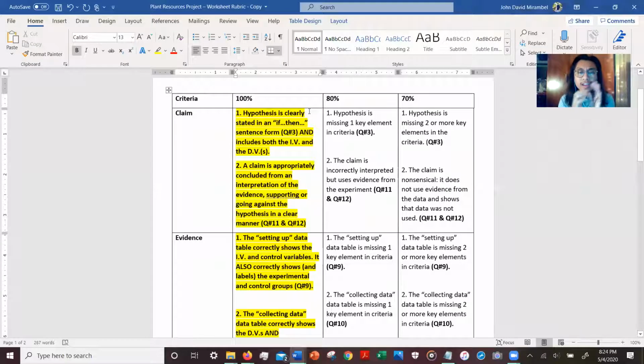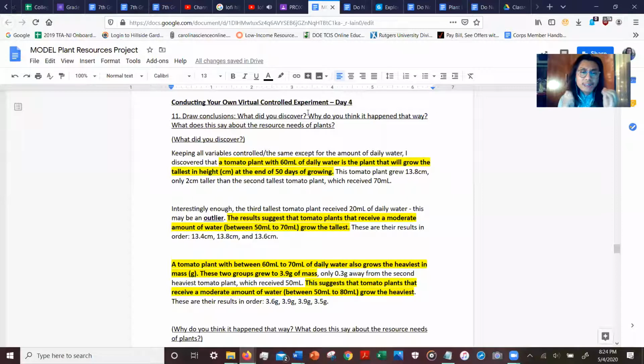Second part of the claim. It is appropriately concluded from an interpretation of the evidence, supporting or going against the hypothesis in a clear manner. This means, did my interpretation leading towards my claim actually use the data in my data table, which is evidence, and did I name it in question 11? If you read my statements, yes, I do use the data there.